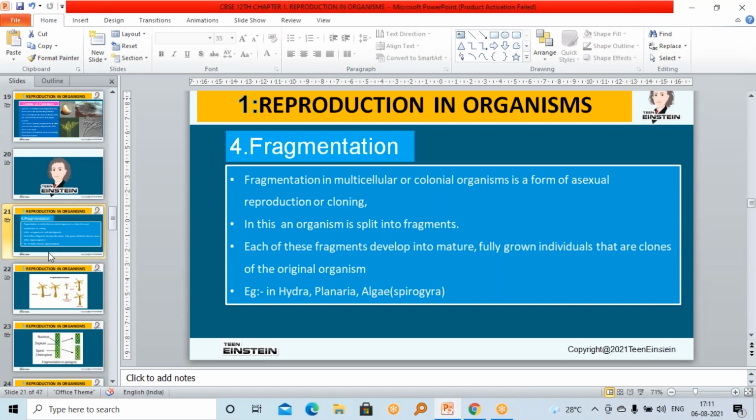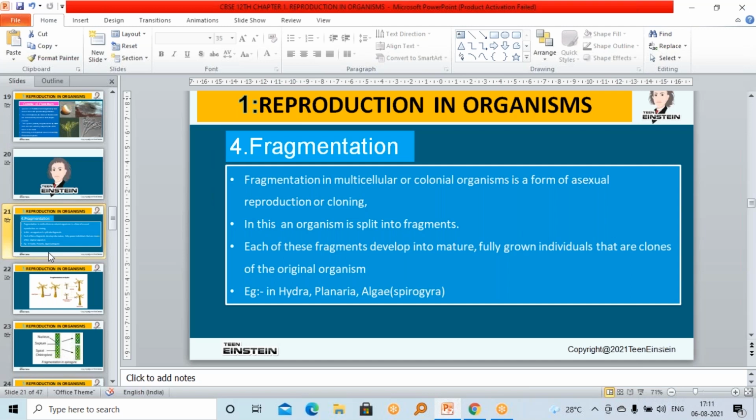And the second method of asexual reproduction is budding. In this, a new organism is developed from the parental body. Budding, just like a bud, the next generation is forming.